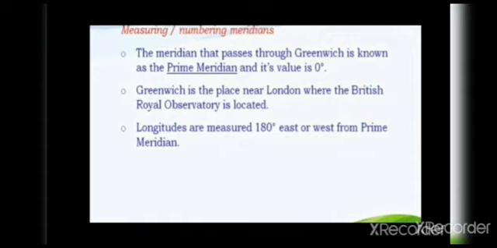The meridian that passes through Greenwich is known as the prime meridian and its value is 0 degrees. Greenwich is the place near London where the British Royal Observatory is located. Longitudes are measured 180 degrees east or west from the prime meridian.